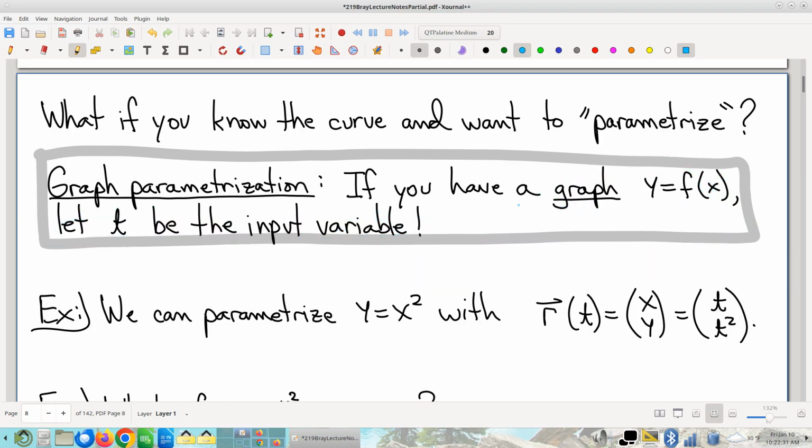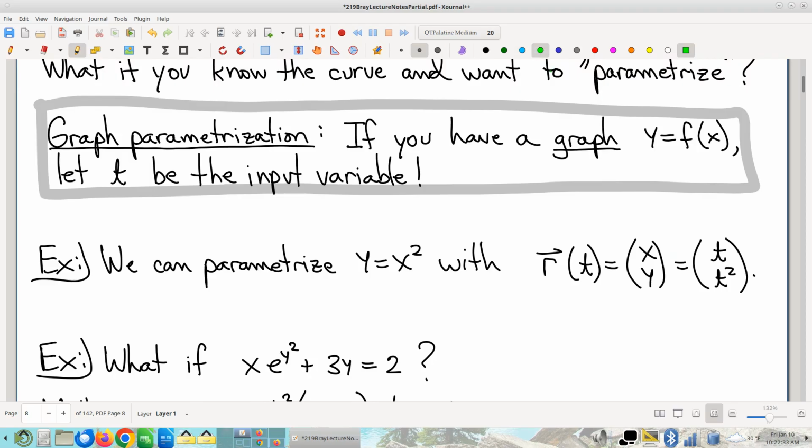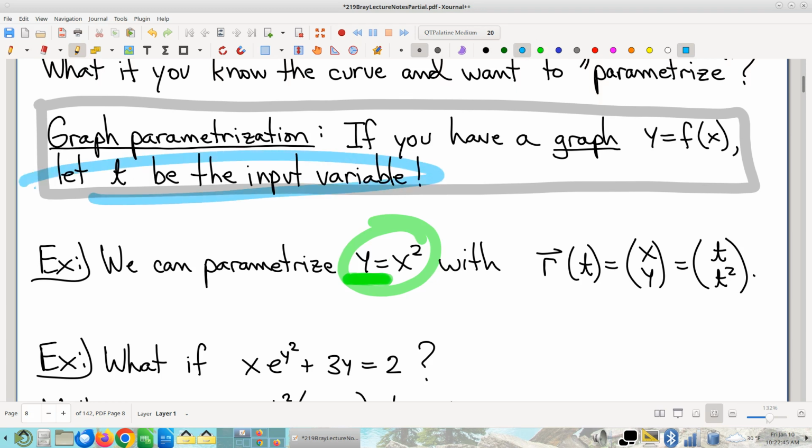Let's look at this curve right here, and y'all know that curve from way back, middle school probably. Notice it's a graph. Y is viewed as a function of x. That means x is our input variable, and so my first move, per the method we just discussed, is to let x be t.